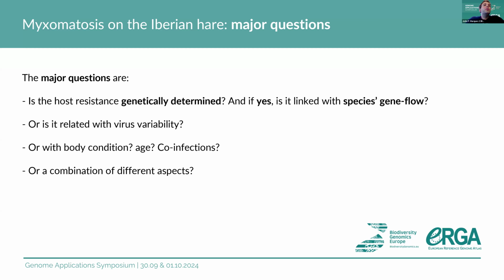But we could also look at the side of the virus itself, so it could be related with virus variability, and with COVID we all saw what different strains of the virus did. But it can also be related with many other factors like body condition, age, co-infections, or it can be even more complicated and a combination of different aspects.